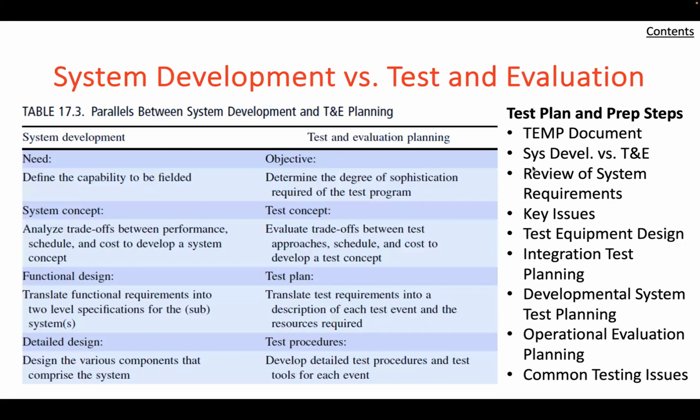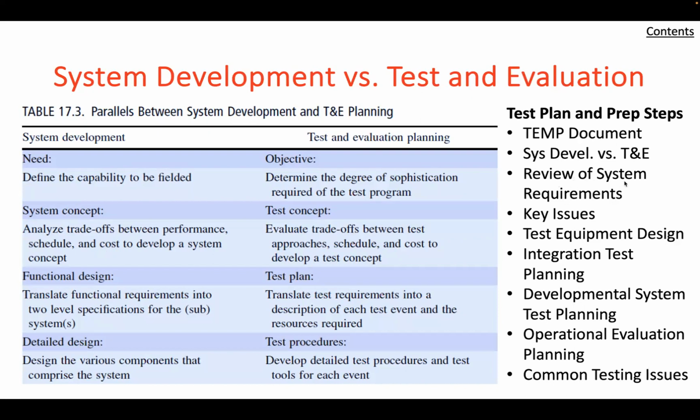There's also some interesting ways you could be looking at what is done in system development versus what is actually done in test and evaluation. And you can see what is actually going on for each one of these. And so I'm just trying to give a highlight. I'd refer you back to the textbook to get some more of the specifics.